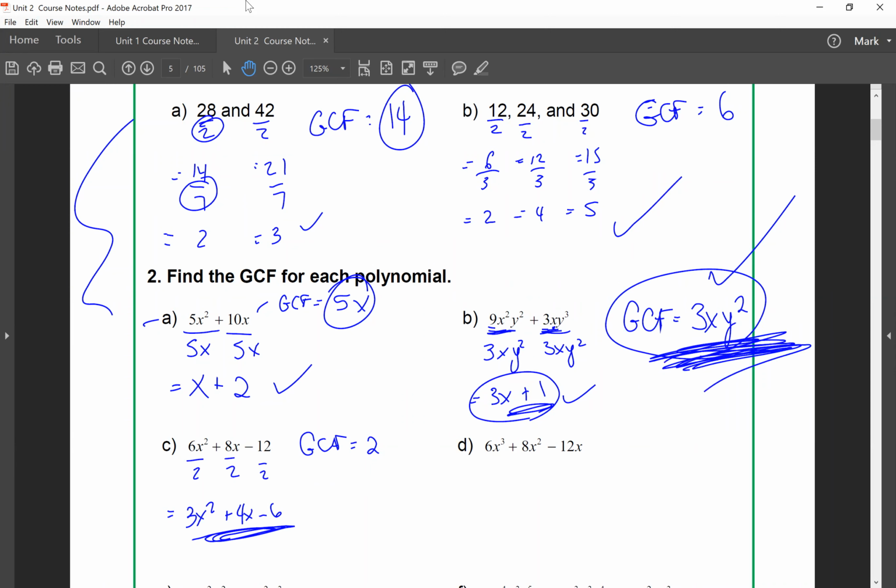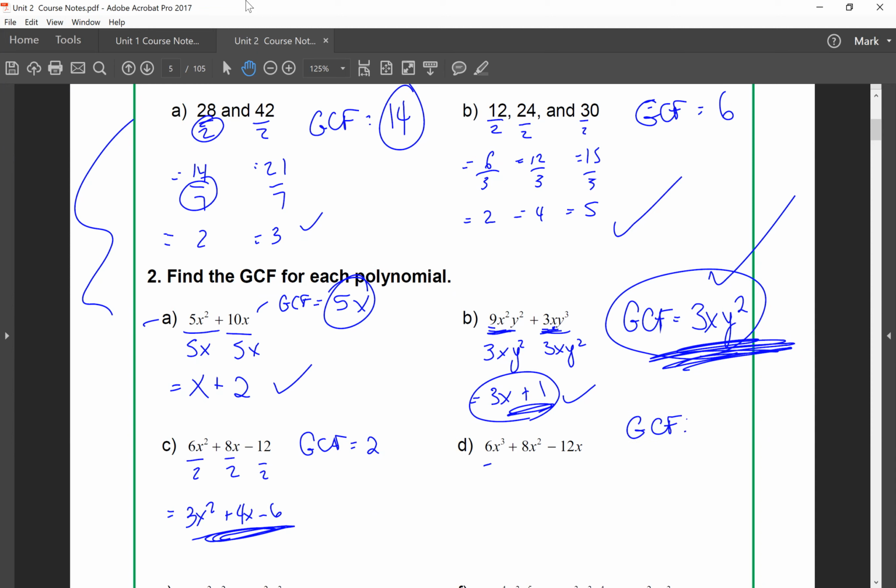Then Nasser asked, do I need to show this part in question C? The answer is no, but I'm doing this for a reason, because in the next part you will need this. I have a plan, trust me. So let's look at 2D. What can we take out of 2D?